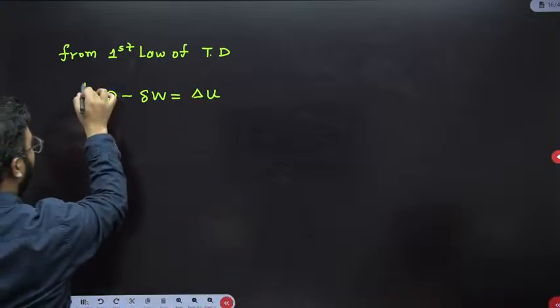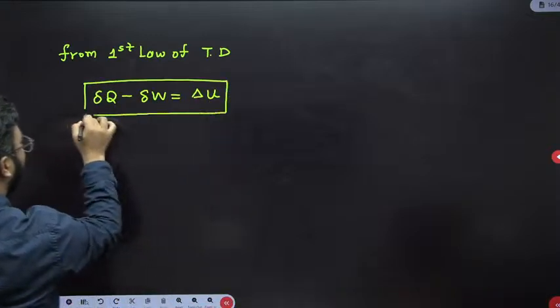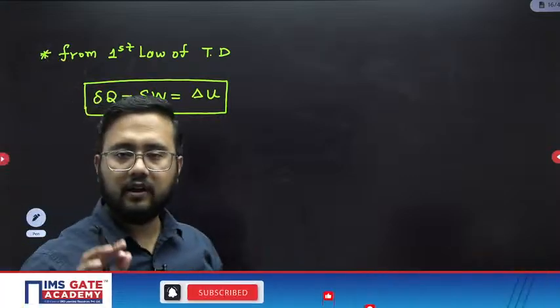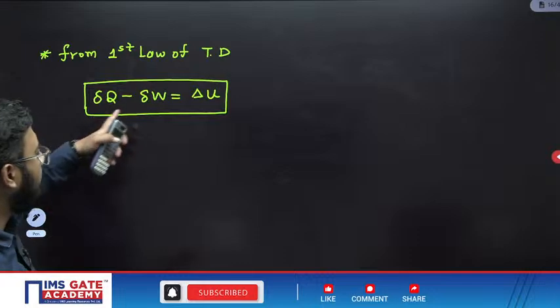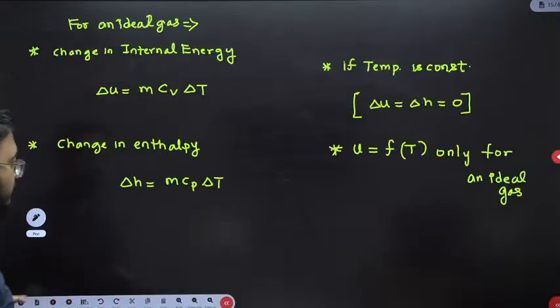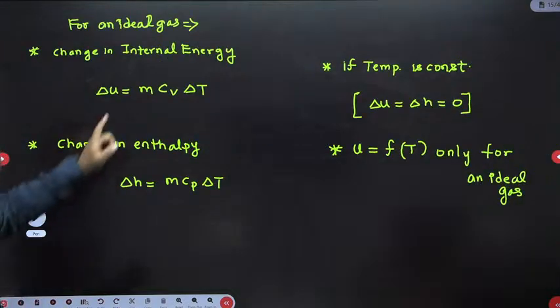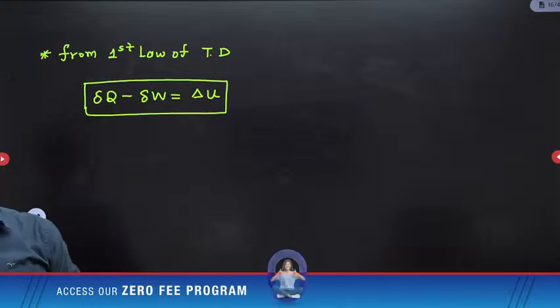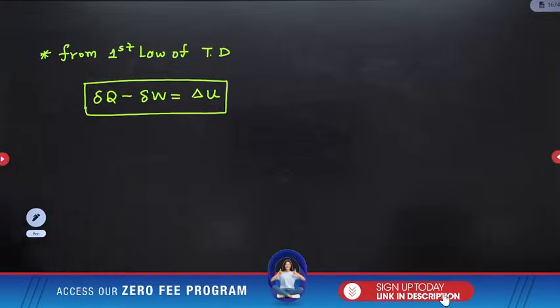That is the formula we have. For calculation of the heat transfer, because work transfer we have already solved, all the formulas we have written for work transfer, and change in internal energy you can calculate from here, finally you can easily get the answer for heat transfer as well.